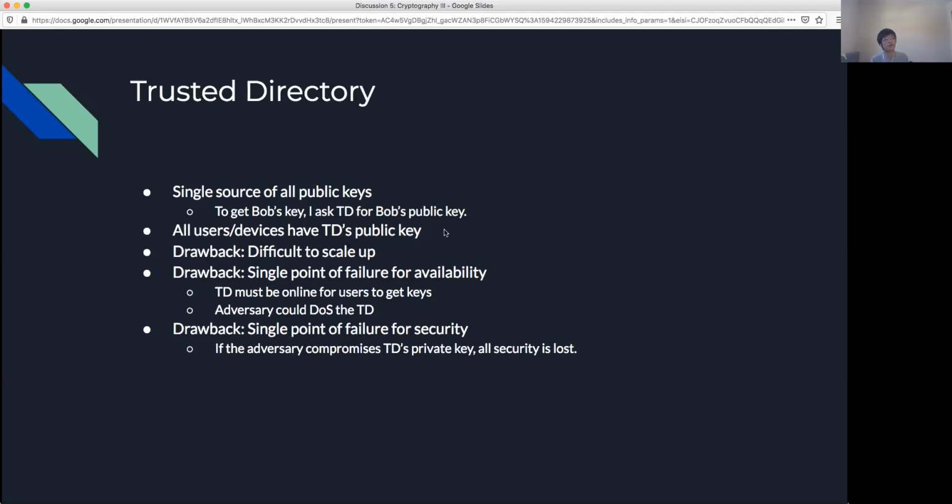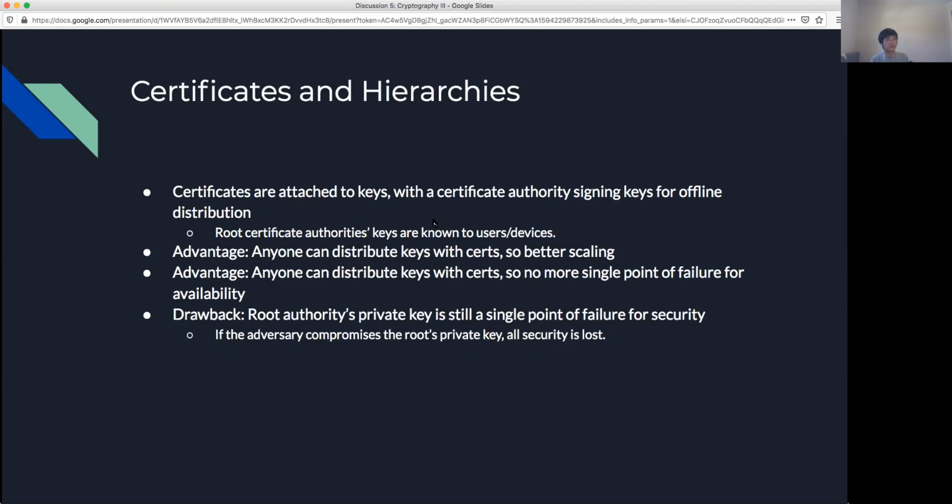So we came up with this other mechanism, I'll call it: certificate chains and hierarchies. Essentially, instead of a trusted directory, you'll have some trusted certificate authority. And that authority has the ability to sign certificates using its private keys.